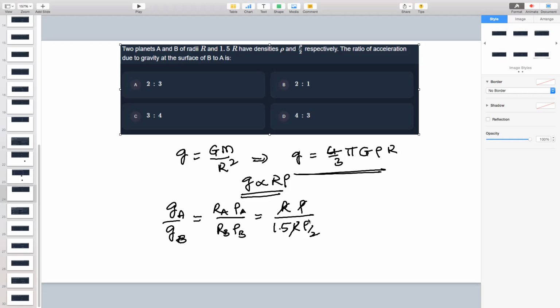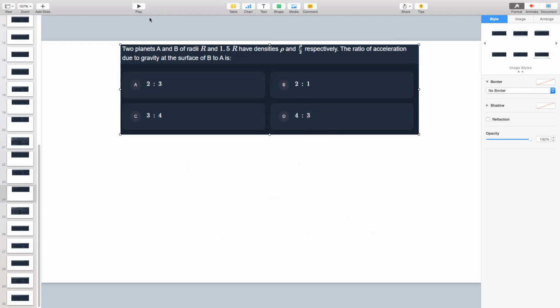R will get cancelled, rho will get cancelled. Now finally you get 2 divided by 1.5, or this is 4 by 3, because 1.5 is 3 by 2. So this is your answer, option D. And we go for the next problem.